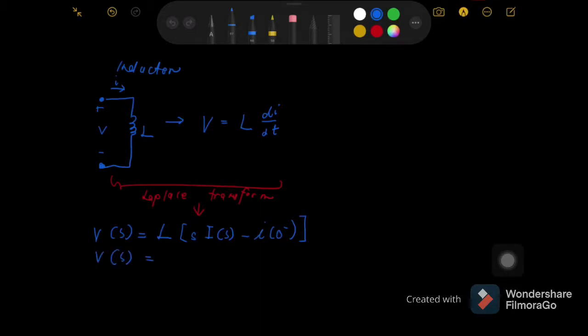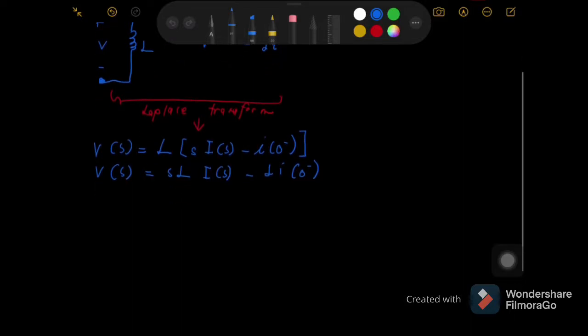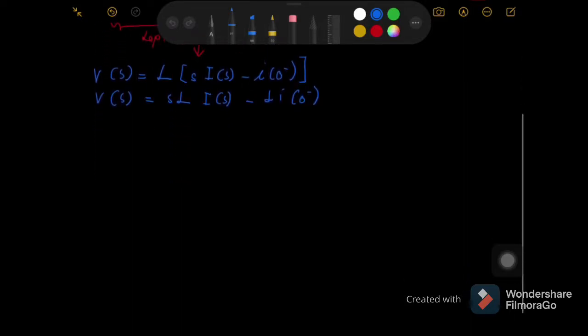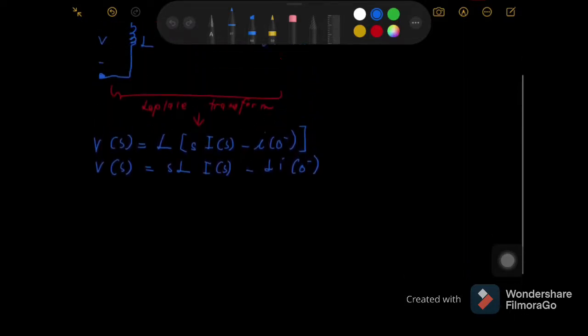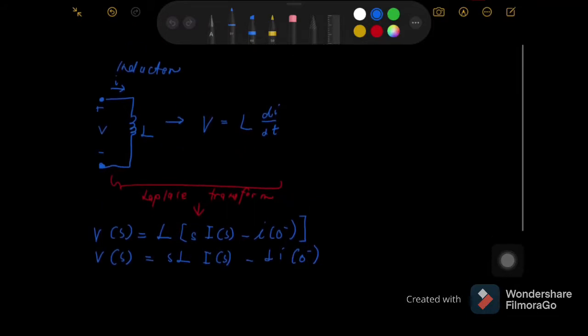The basic idea is that if you refer to the appendix table for the Laplace transform, for differentiation we get the output like that. After we rearrange it, we get V(s) equals sL I(s) minus L i(0).